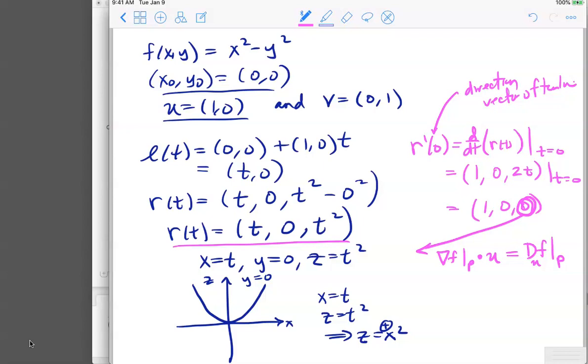So what we have here is a tangent line that is flat. That's what this 0 says here. In the 1, 0 direction, the tangent line is flat.